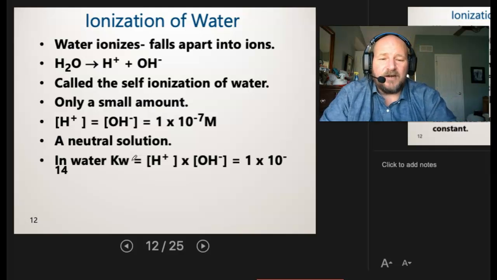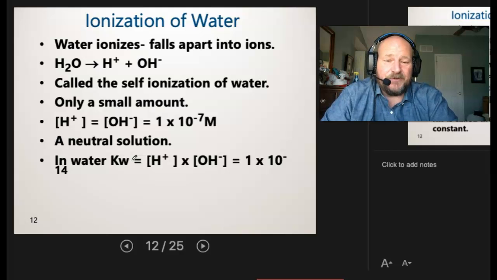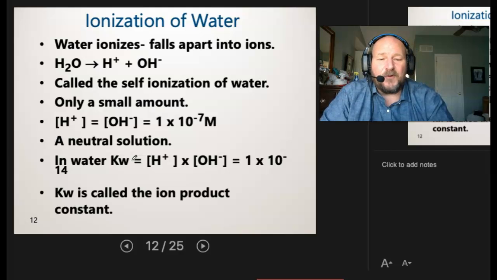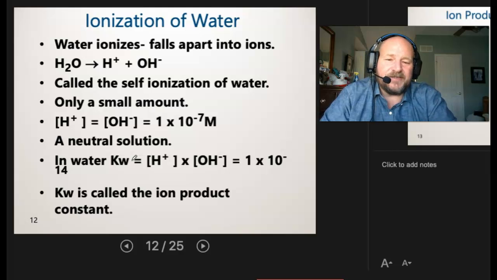Now, in water, we have what's called the Kw. We've seen this K thing before. We saw Ka and we saw Kb. And K, remember, is just an equilibrium constant. It's just measuring the rate at which these things do these things. Kw is called the ion product constant, and it's a constant for every aqueous solution. Doesn't matter what's in there.